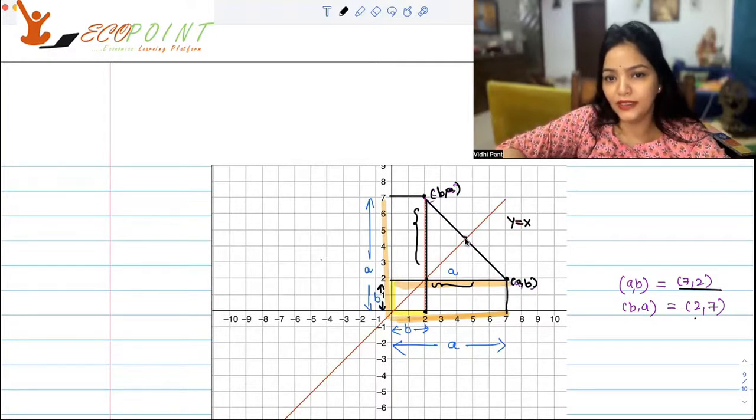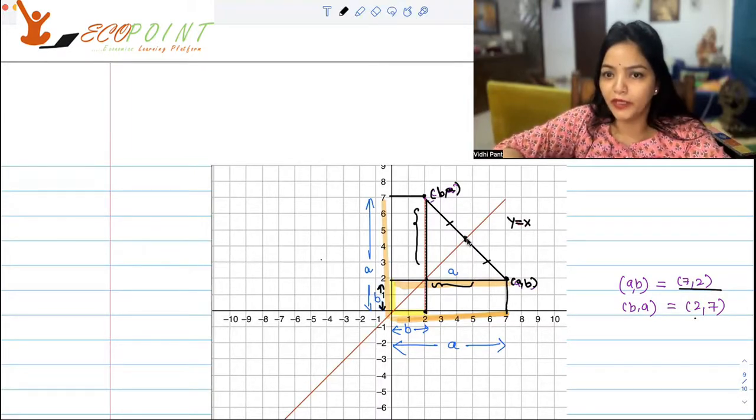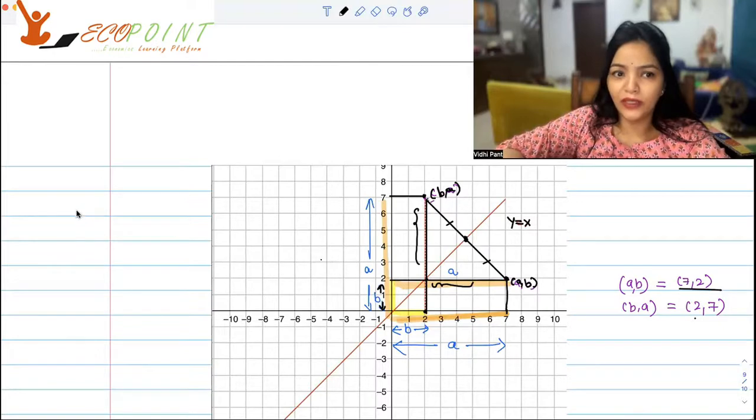If you see, what's happening is that this line y equals x is dividing these two lengths in equal portions, which basically means this point (a, b) and this point (b, a) are exactly equidistant from this point on y equals x, which happens when you get an image.